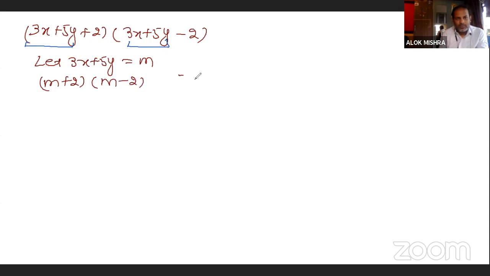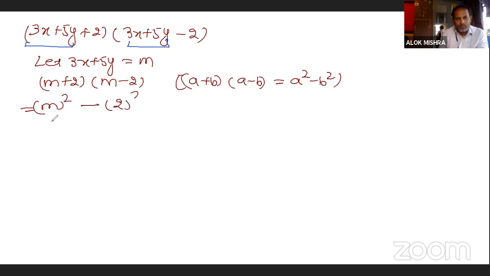I'm very much aware of this formula, a plus b into a minus b, which is equal to a square minus b square. So I get m square minus 2 square. Now my m is 3x plus 5y, so I'll write (3x plus 5y) the whole square minus 2 square.